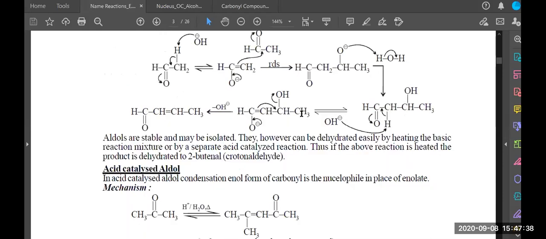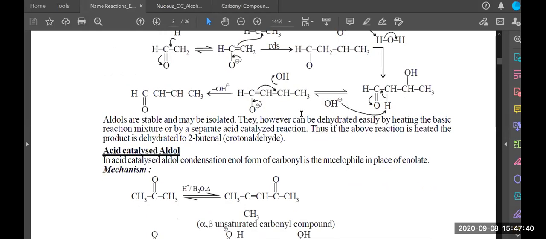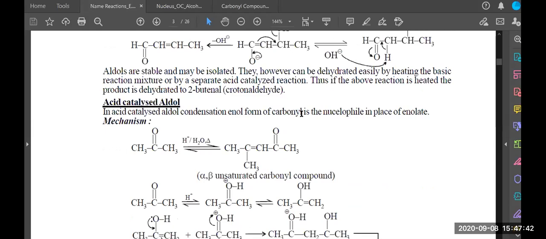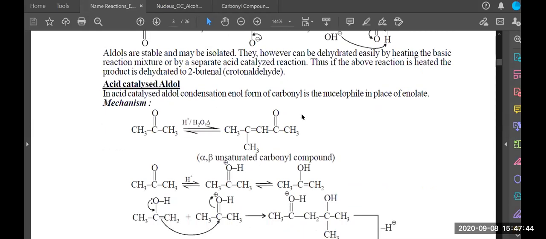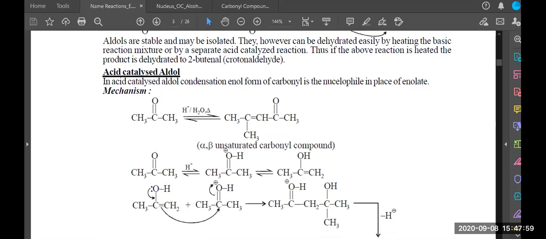Now, when we talk about acid catalyzed, it almost follows the same procedure. But you must think about how we can remove H plus when it is acid catalyzed, right? Now, in our syllabus, whatever we have studied till now, we have used just base catalyzed.